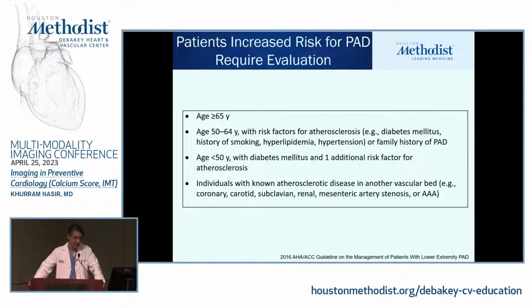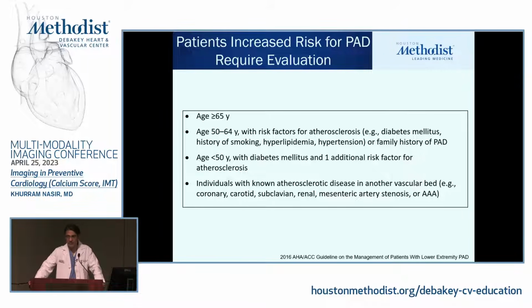People even younger than that, those less than 50 years old who have diabetes and maybe one additional risk factor, let's say dyslipidemia or hypertension, that would count. So even those patients who are less than 50, if they're diabetic, consider screening for peripheral arterial disease.